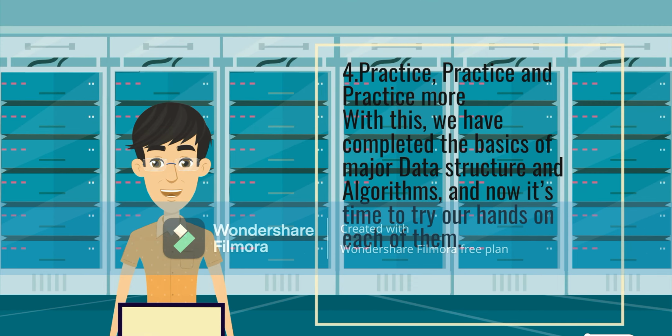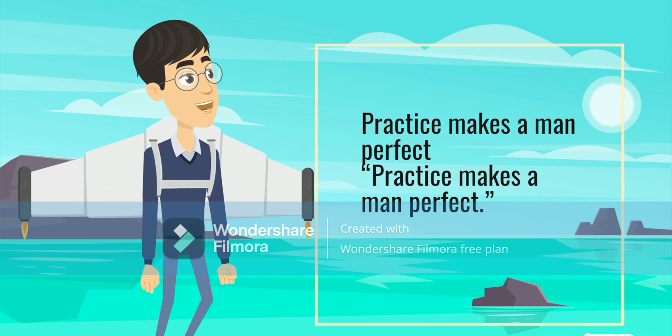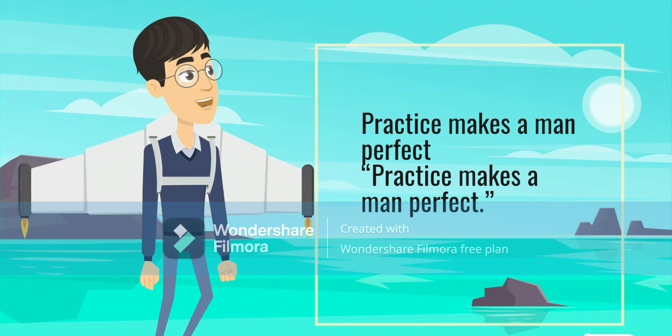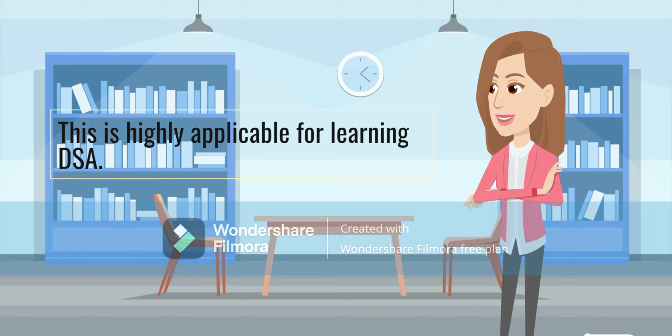4. Practice and practice more. With this, we have completed the basics of major data structure and algorithms, and now it's time to try our hands on each of them. Practice makes a man perfect. This is highly applicable for learning DSA.